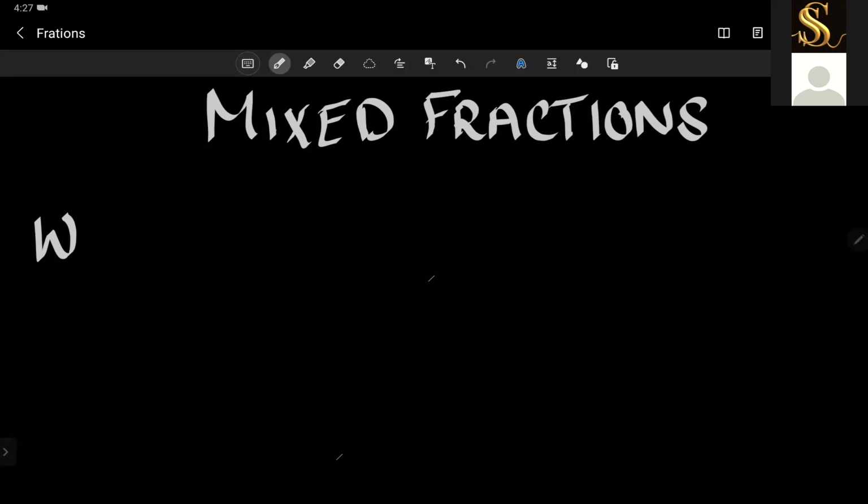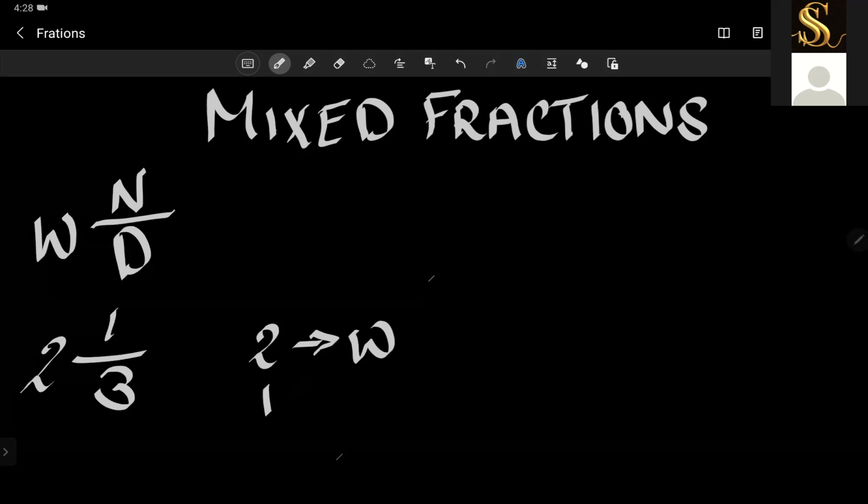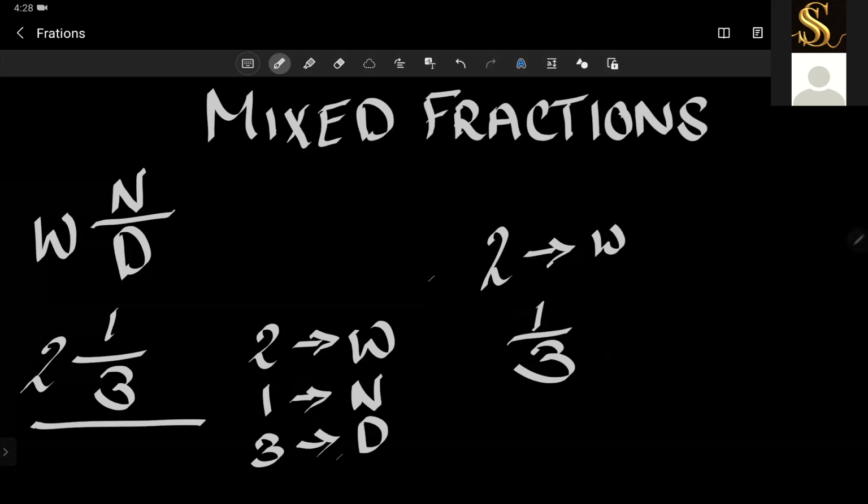So as you can see, 2 here is the whole number, 1 here is the numerator and 3 here is the denominator. So why do we have mixed fractions? We have mixed fractions where we have a whole number, which in this case is 2, but we also have a fractional part, which in this case was 1 upon 3. So then we get a mixed fraction 2, 1 upon 3. So let's move on to the last but not the least type of fraction.